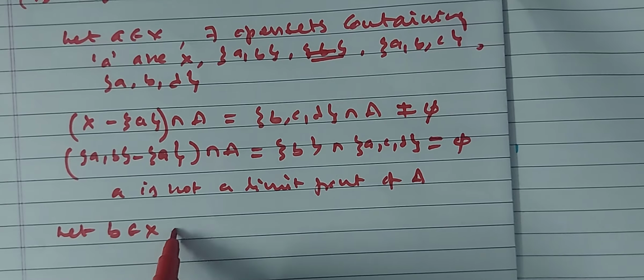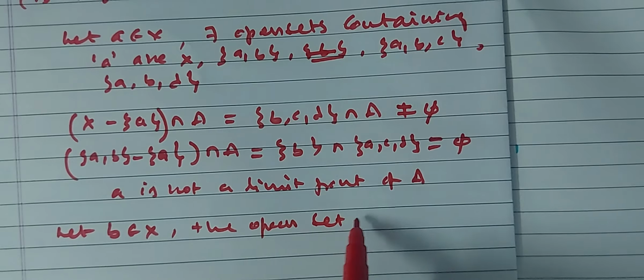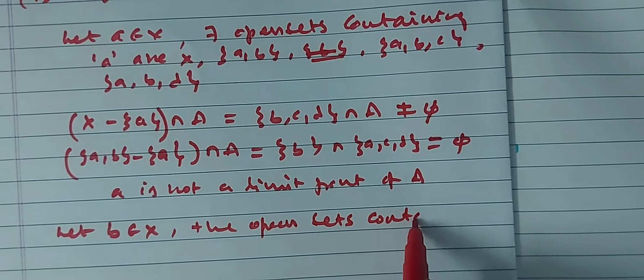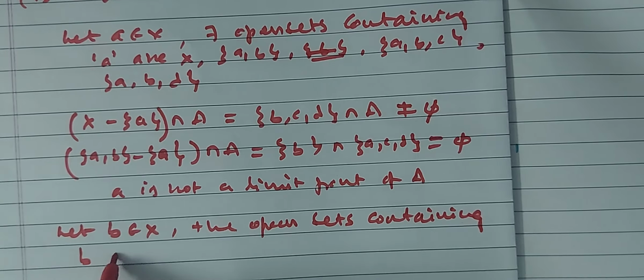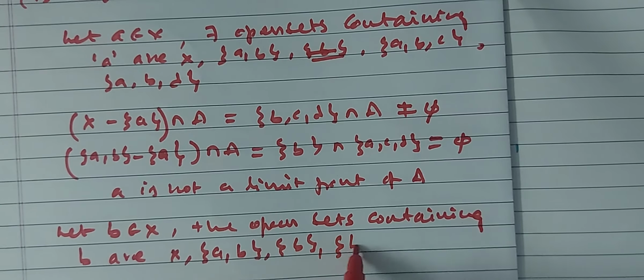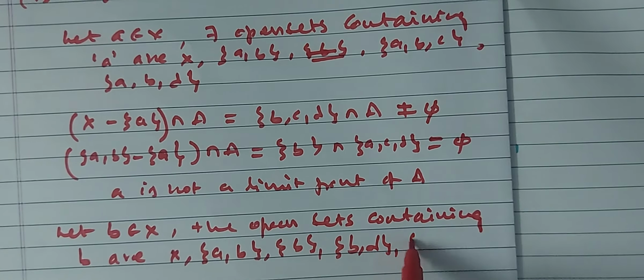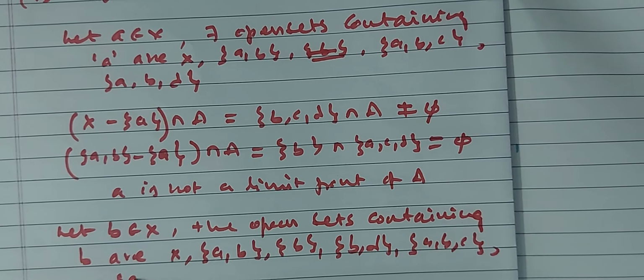The open sets containing b are X, {a, b}, {b}, {b, d}, {a, b, c}, {a, b, d}.